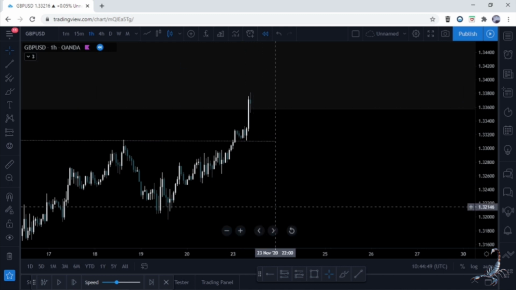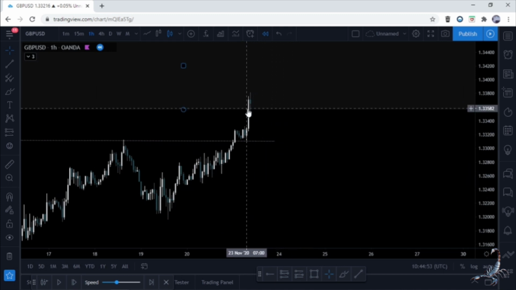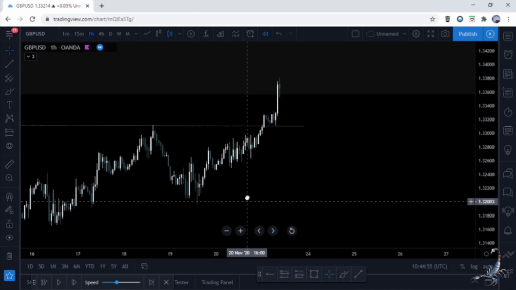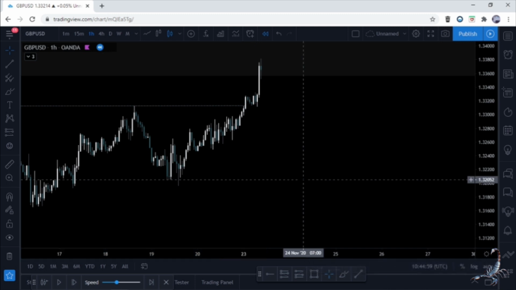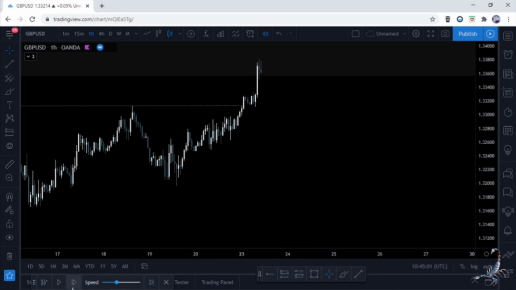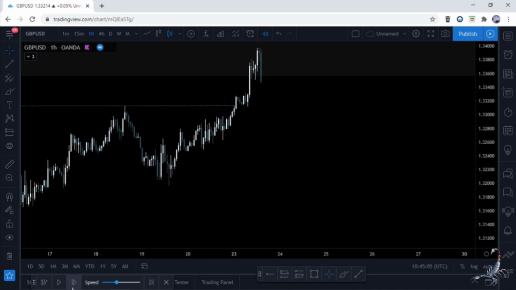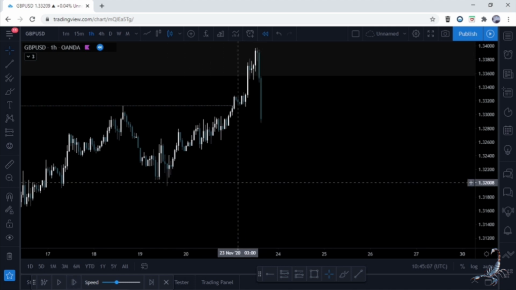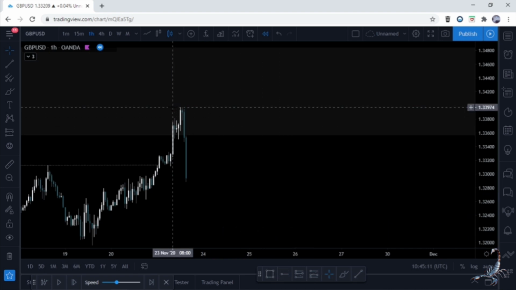So I was waiting for an impulse to the downside to break structure to confirm that it's a downtrend, otherwise price could just continue going up. And here we had that reaction that I was waiting for.